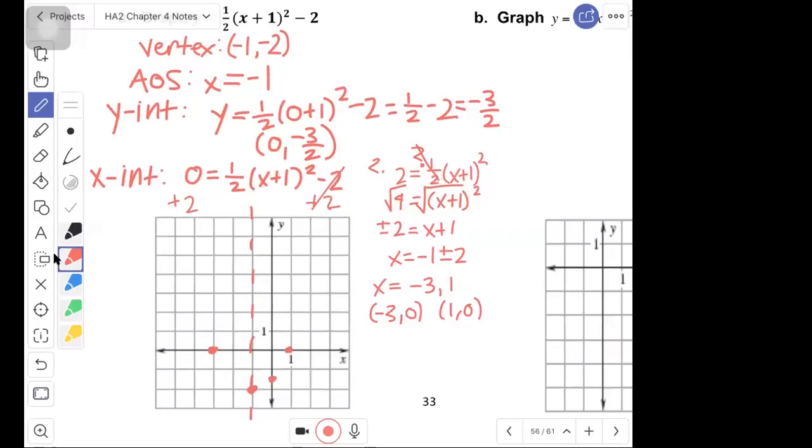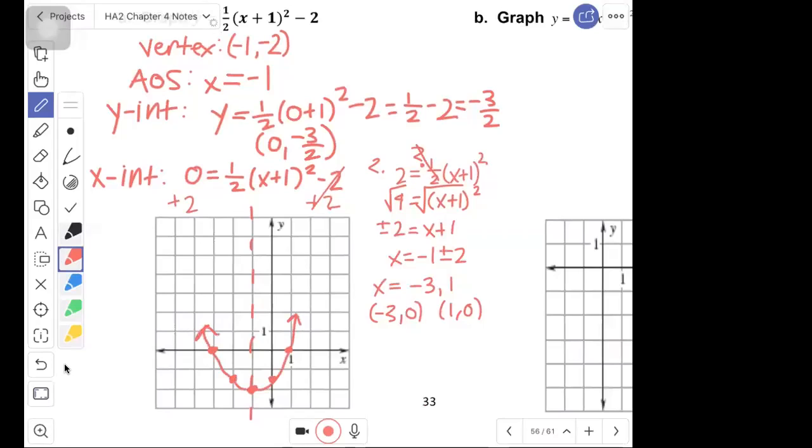What other point could we plot by using the axis of symmetry? Grace, what other point can we plot by using the axis of symmetry here, knowing that every point is reflected? (-2, -3). Yeah, awesome.